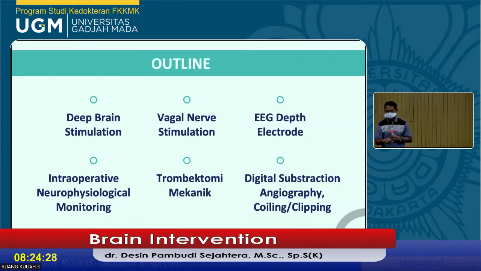Almost all of this our center can do well. If you have some experience or have learned about vagal nerve stimulation, this has not been done in our center, but EEG, IOM, and DSA are established in our center.